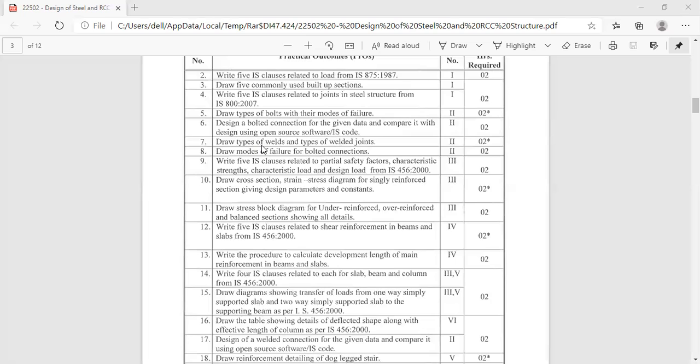The butt welds are used where the 2 pieces of the metal are joined in the same plane and edges are touching each other. So when we have to join the metal pieces along the length or in a single line, then we have to use the butt joint, and when you require to join the 2 pieces in an angular section or in a perpendicular direction, then we have to use the fillet weld.